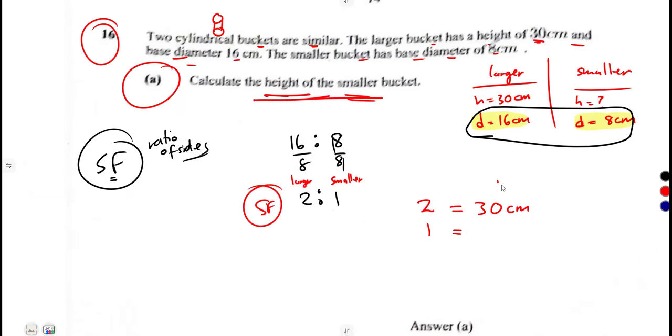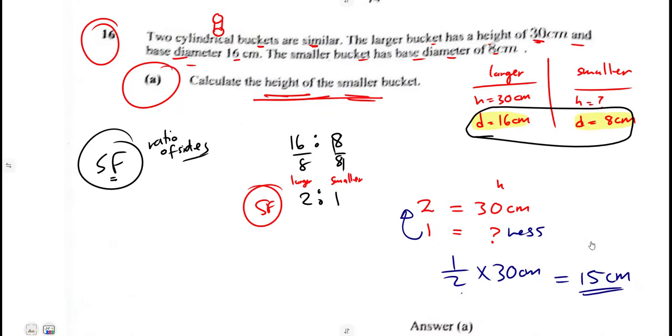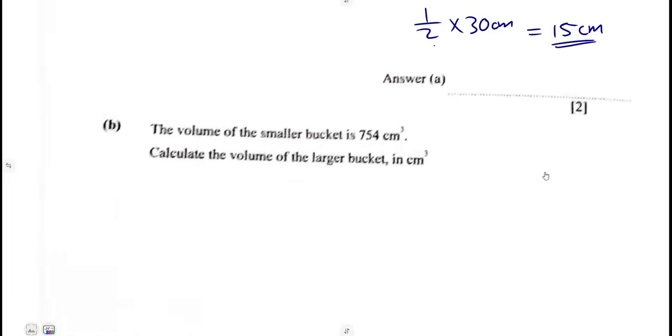What about the height of the smaller one? What is its height? We do not know. So 1 is less compared to 2. So that is simply going to be 1 over 2 times 30 centimeters. So 30 divided by 2, guys, this is 15. Half of 30 divided by 2. That's simply half of 30. All right.